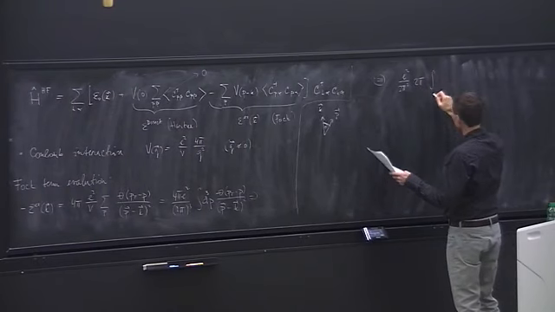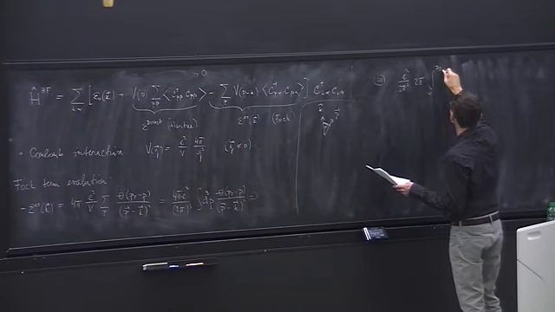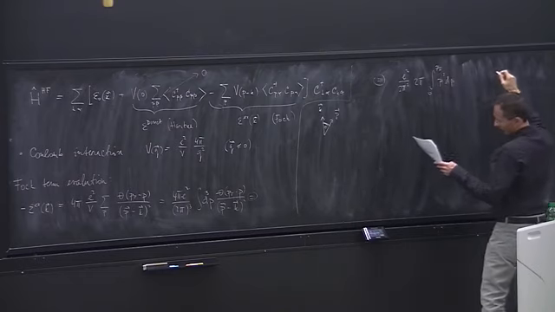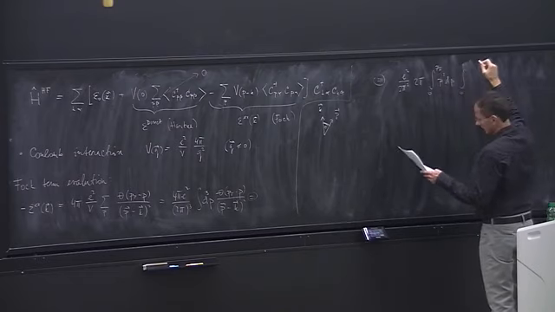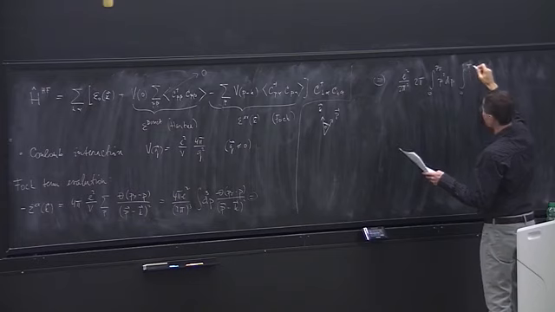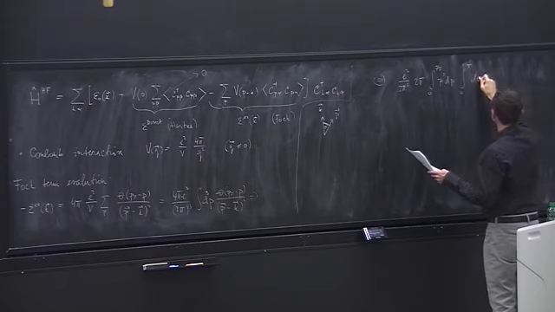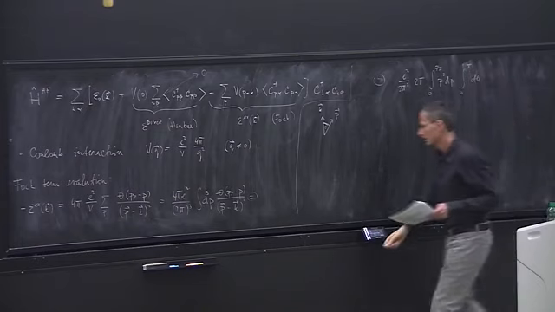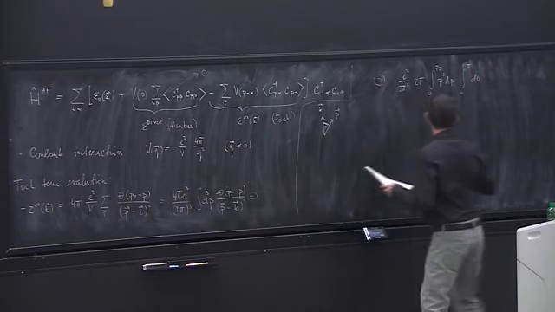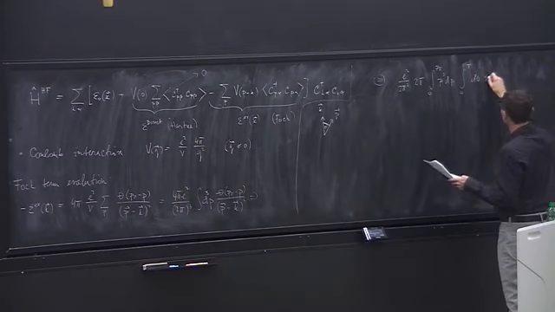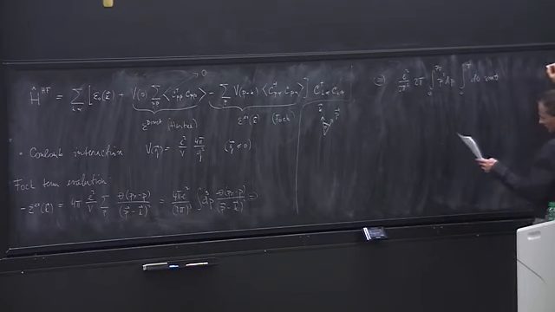Then I have the radial integral, and I have the polar angle. And the denominator looks like this.